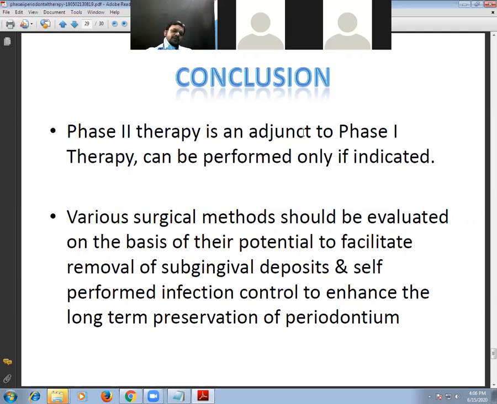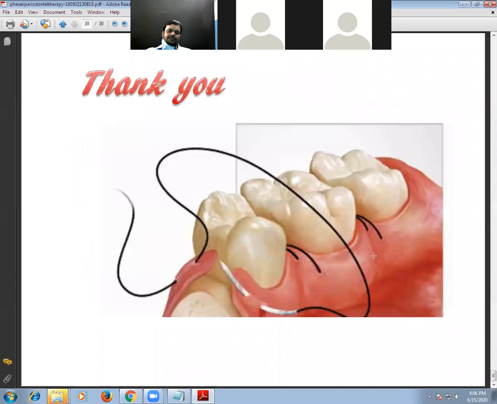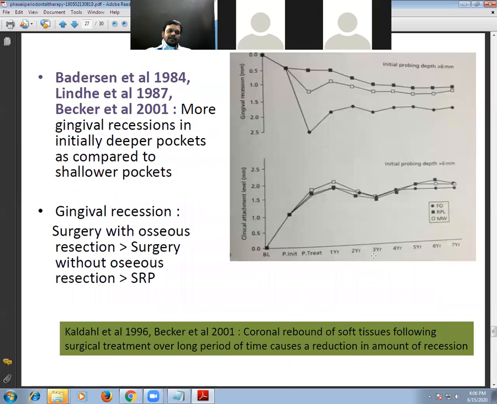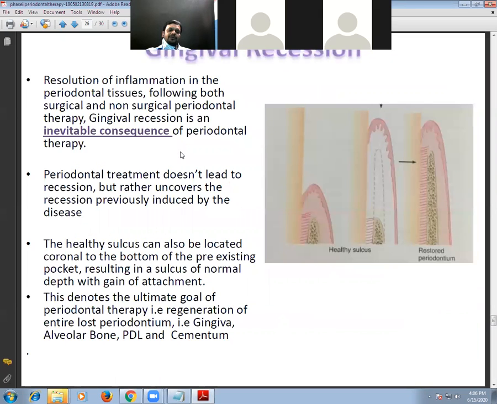Okay, so coming to conclusion, phase 2 therapy is an adjunct to your phase 1 therapy. So before performing phase 2 therapy, we have to perform phase 1 therapy. Various surgical methods in addition to this phase 2 therapy is used as an adjunct to your phase 1 therapy.